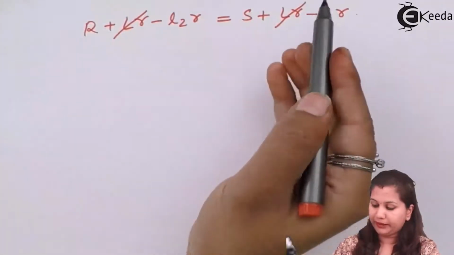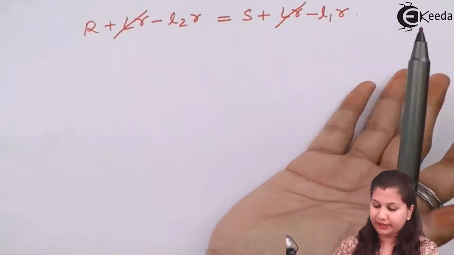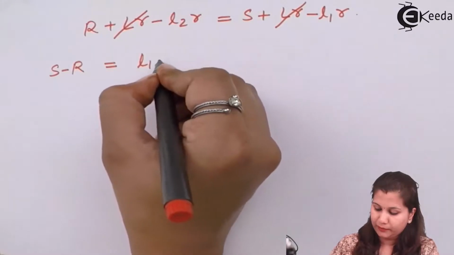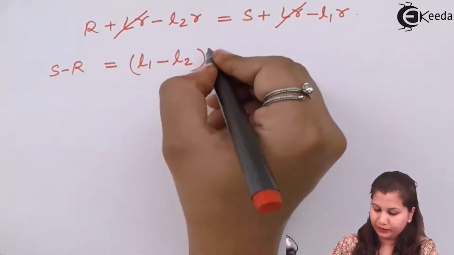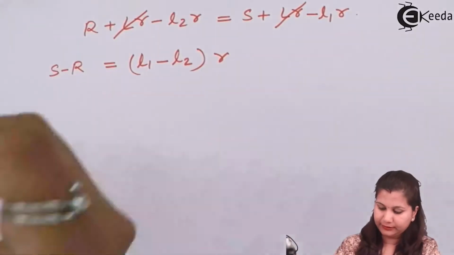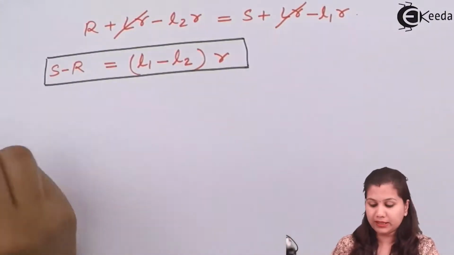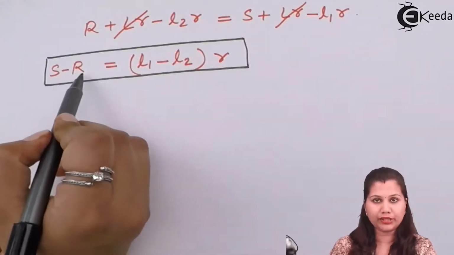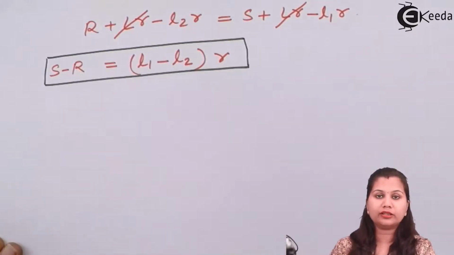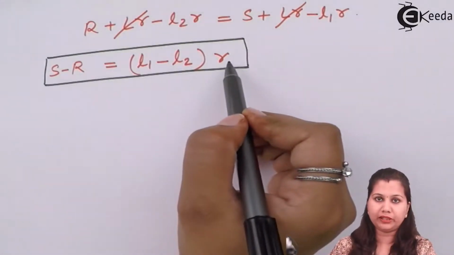Now bringing this L1R to this side and bringing this R to the right hand side, what we will get is S minus R equals L1 minus L2 multiplied with R. That is, the difference between the standard resistance and the unknown resistance is equal to the difference of the lengths where we have got the null deflection in both the cases, multiplied with the resistance per unit length.